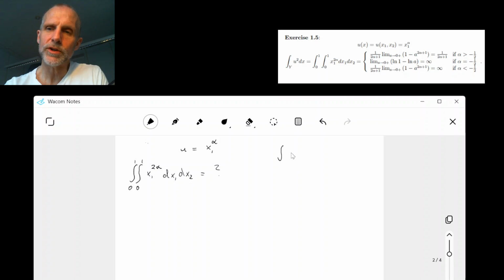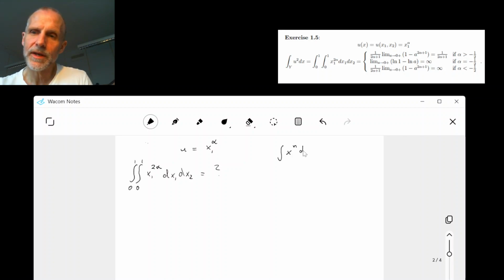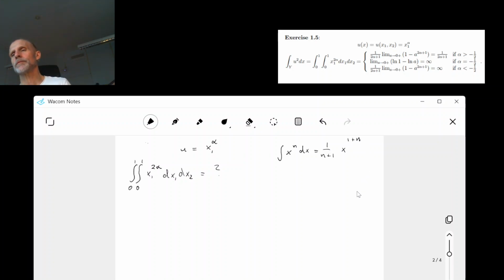Well, let's recall the following. The primitive function of x to the power of n, where n is any constant, is just equal to 1 over n plus 1, x to the power of n plus 1. And this is only the case when n is different from minus 1.